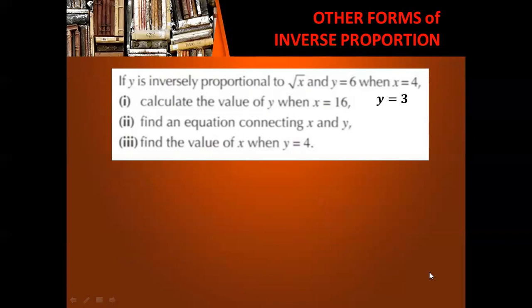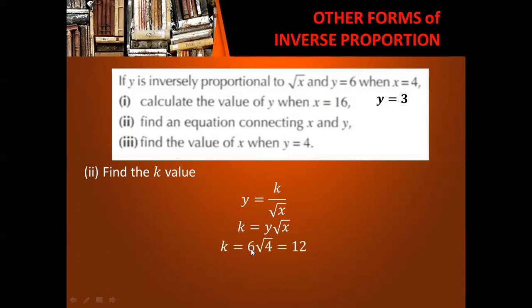Next, to find the equation connecting x and y, we simply have to find the k value. Again, we'll use this general equation for this scenario, isolating k, and then substituting the corresponding values of y and x. We'll use these values initially given in the problem.